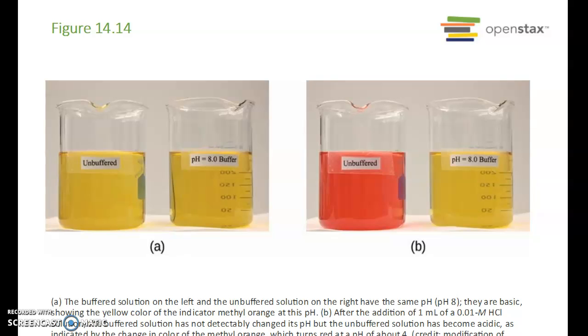On the right-hand side, to each of those solutions has been added 1 milliliter of a 0.1 molar hydrochloric acid solution. You can see that there's virtually no change at all in the color of the buffered solution, but there's a dramatic change in the color of the unbuffered solution.